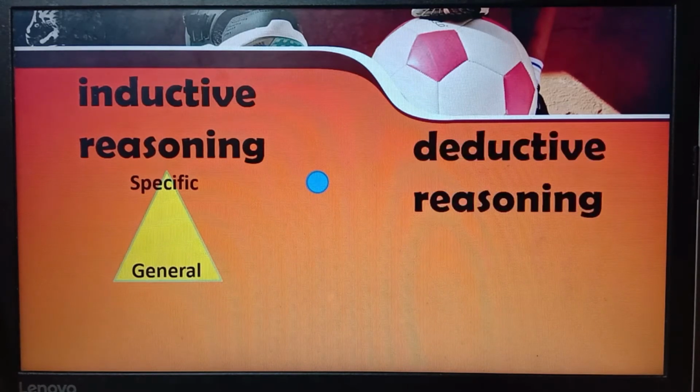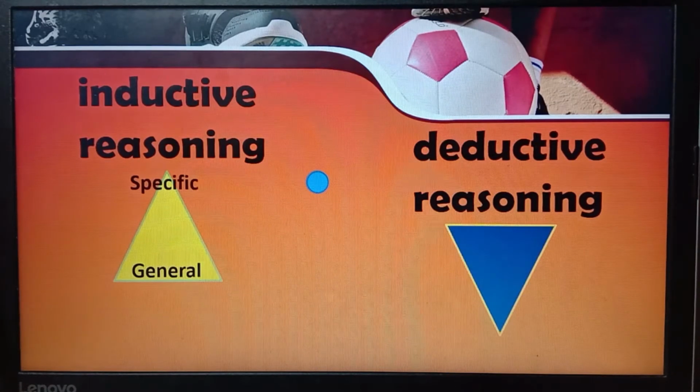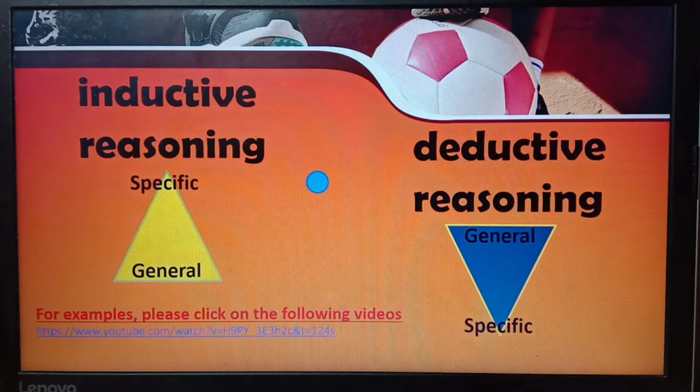The other type of reasoning is deductive, represented by an inverted triangle, the opposite of inductive: deductive reasoning starts with a general opinion going to the specific. If you want real life examples, you may click on the videos here so that you can have a much clearer understanding of the difference between inductive and deductive.